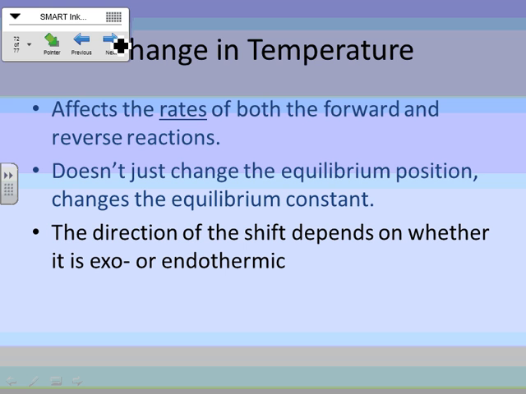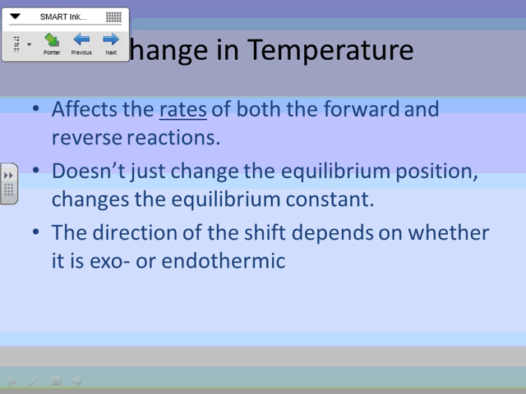You're changing the K, and you're also shifting the equilibrium one direction or another. Temperature can affect the equilibrium a lot. Pulling out the product as it forms is also a very drastic change, and that's the idea behind the Haber process.